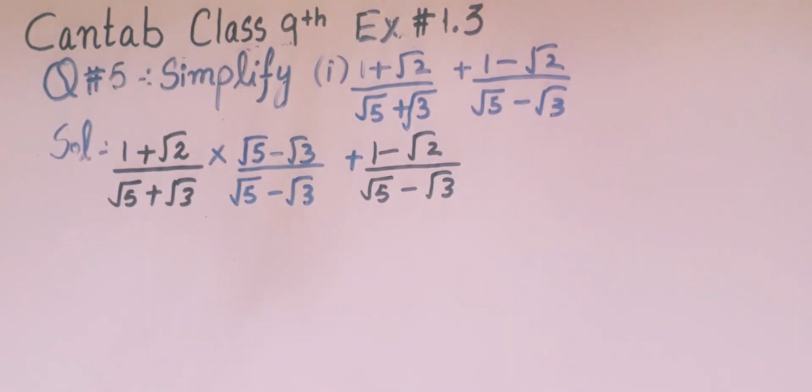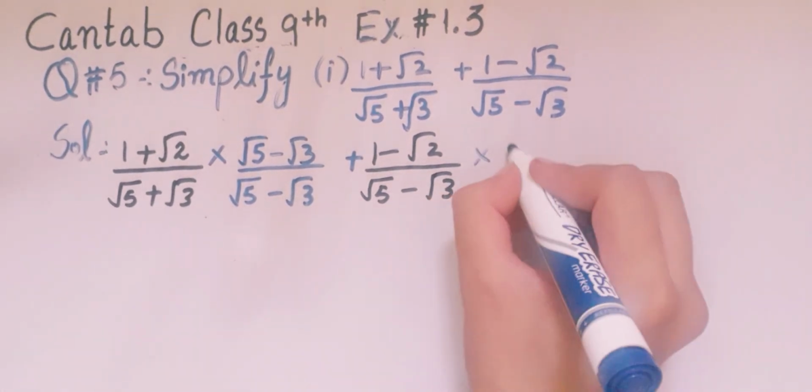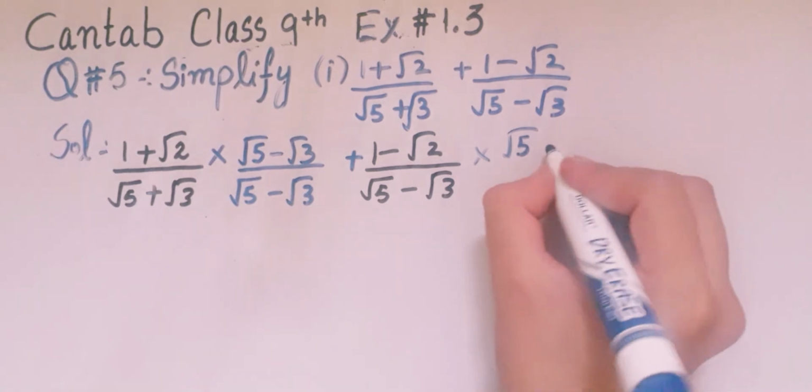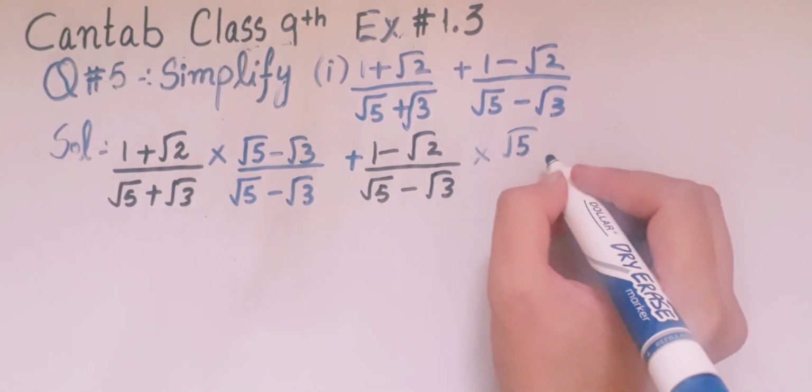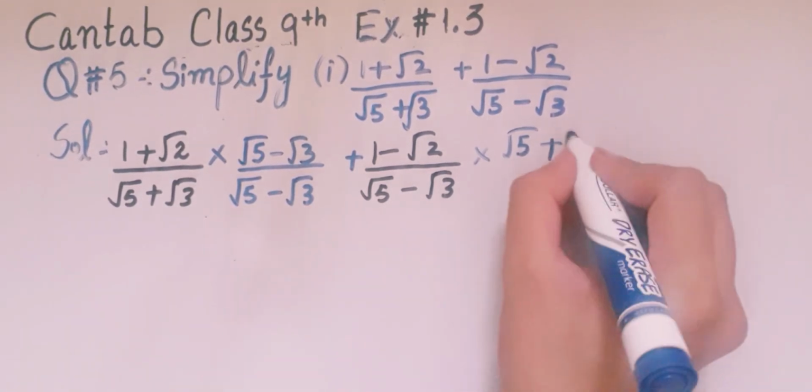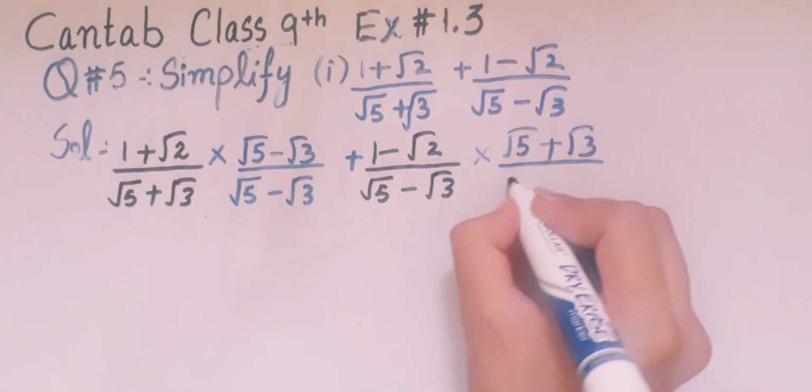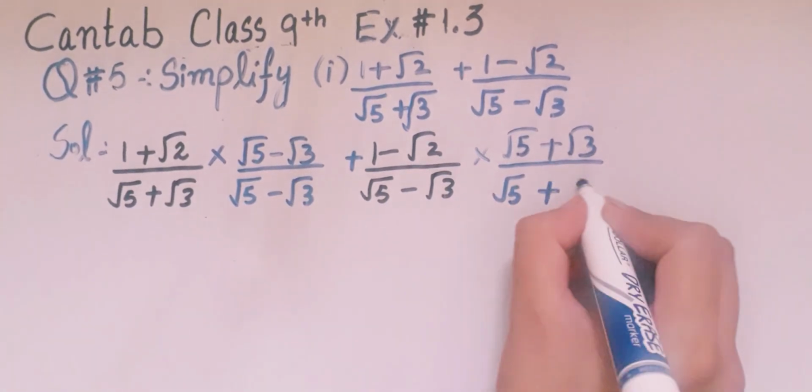We will multiply by conjugate of this, that is square root of 5 plus square root of 3 by square root of 5 plus square root of 3.